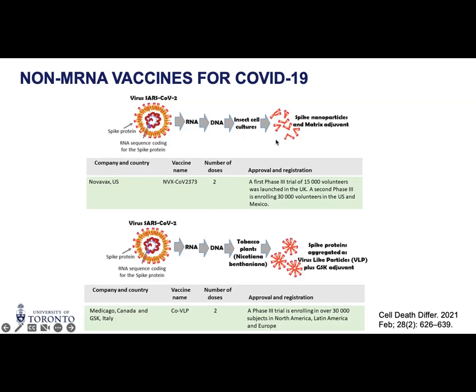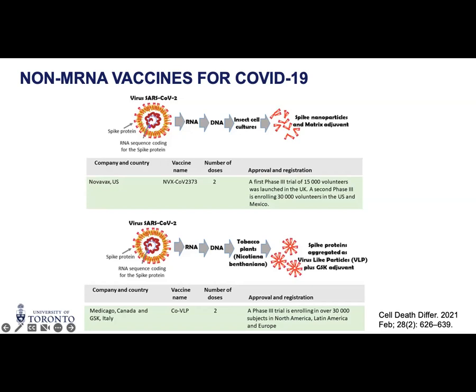The spike proteins are then isolated and collected from the cultures and assembled onto nanoparticles. Matrix adjuvant is included in the mixture of spike protein nanoparticles to stimulate cellular and humoral immune response to vaccines. And this mixture is then injected into the individual in 2 doses.